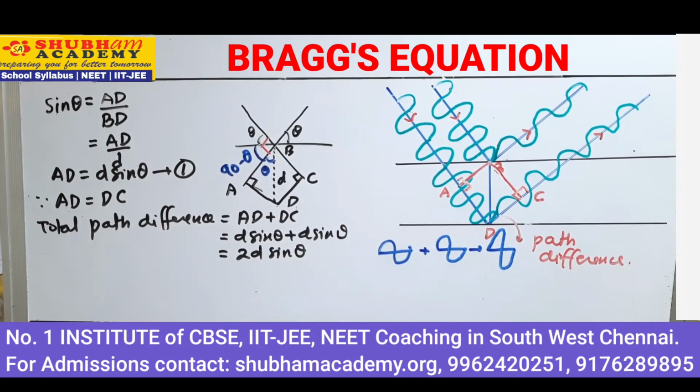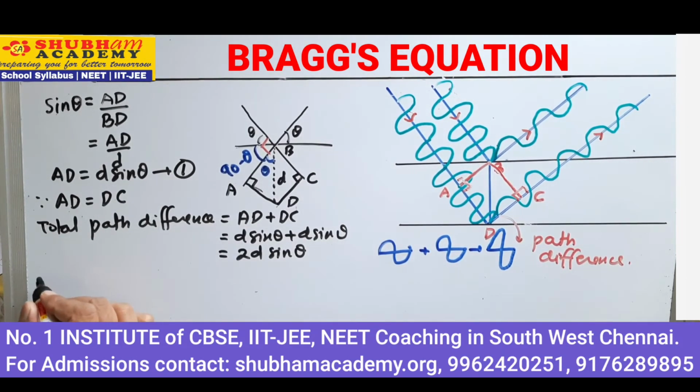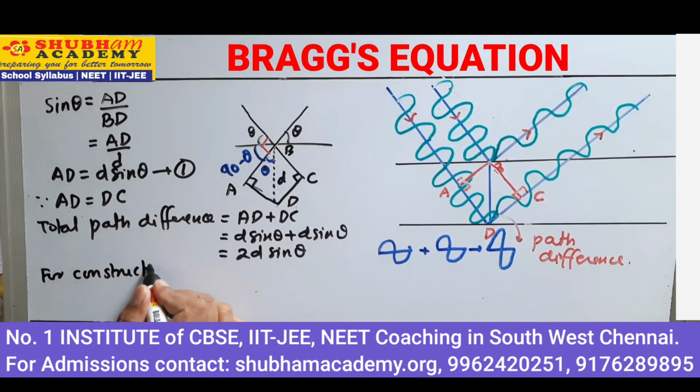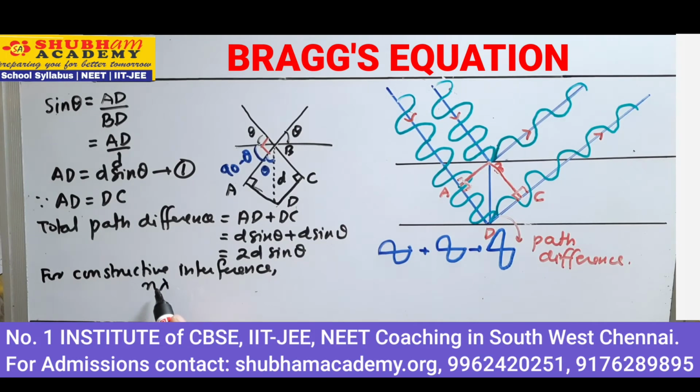For constructive interference, the path difference must be an integral multiple of lambda, right? So for constructive interference, n lambda, the path difference must be an integral multiple of lambda.